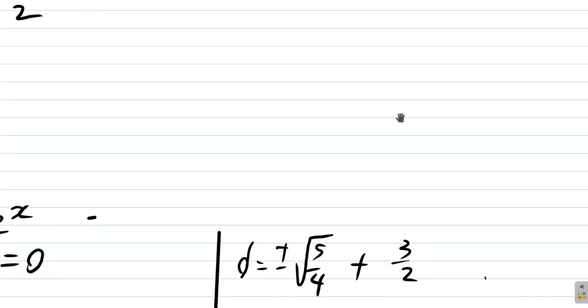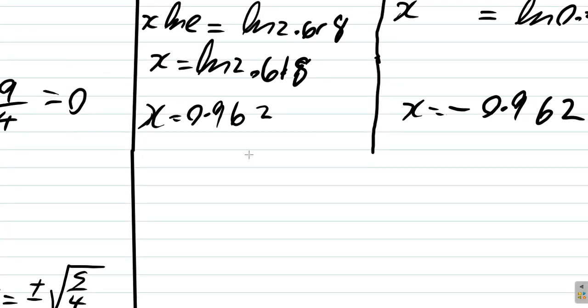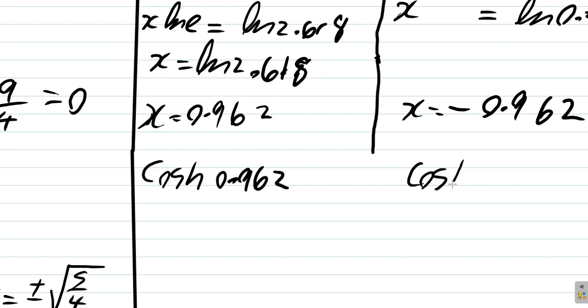What is x? Now, here, we have to test it and eliminate any one that doesn't work. What is cosh of 0.962? And also what is cosh of negative 0.962?